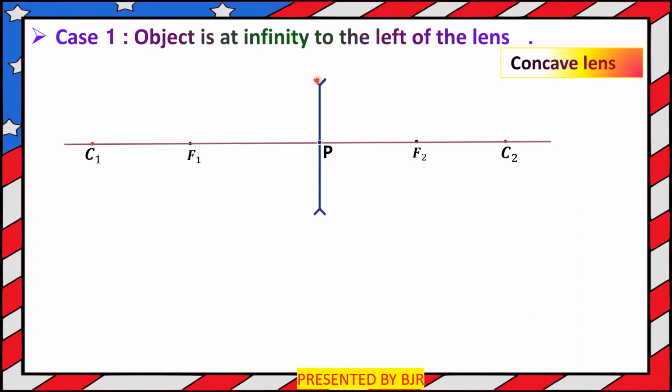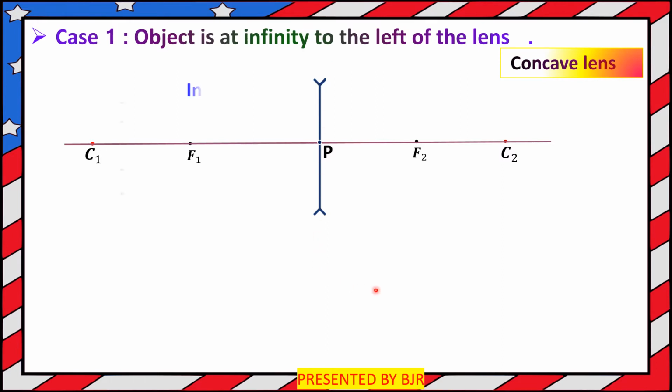Suppose the lens is pointed towards a distant, faraway object like trees or vehicles on the road. At that time, the rays coming from an object at infinity will become parallel when they approach the lens.